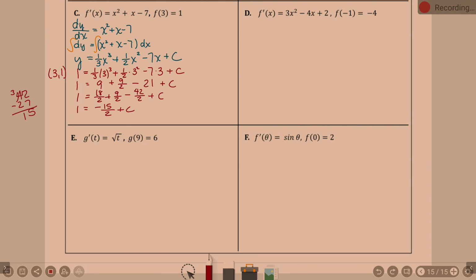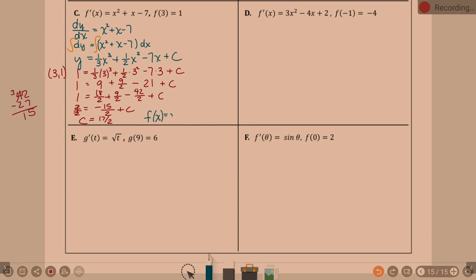If we're adding 15/2 to the other side, we're adding it to 2/2. So C is going to be 17/2, which is 8.5. Yeah, I was just doing the mental math there. Okay. F of x equals, wrong piece.